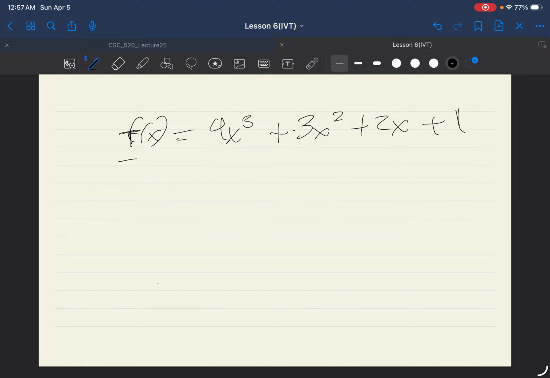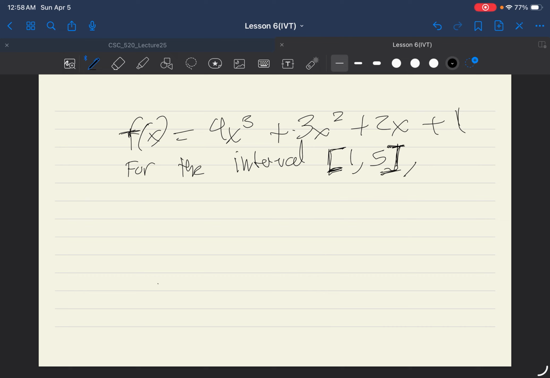What I'm going to ask you is, for the interval 1 to 5, it must be continuous on this closed interval.